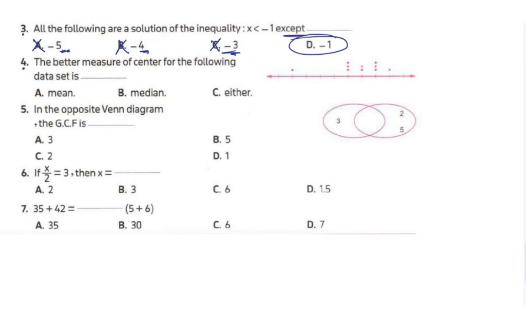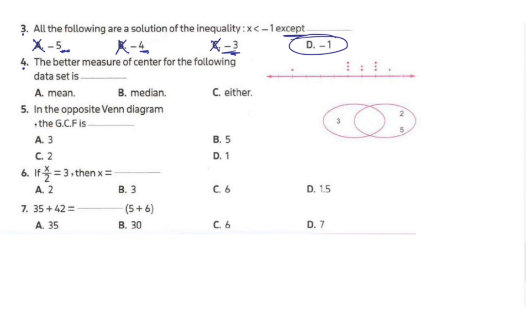Next, point 4. The better measure of center for the following data set is mean, or median, or either. Please remember with me, to use the mean, I need a symmetric dot plot.